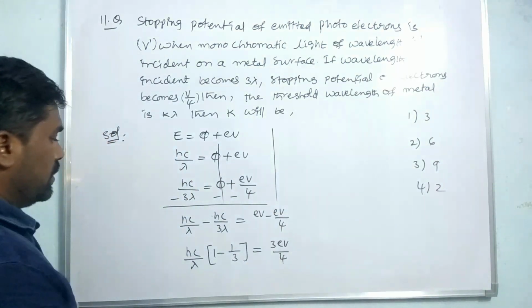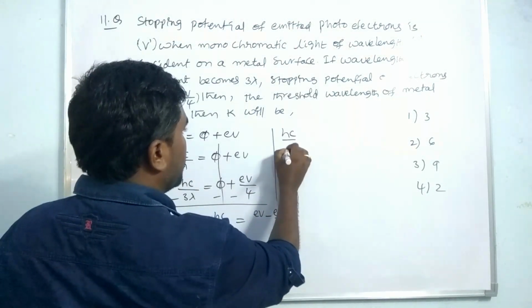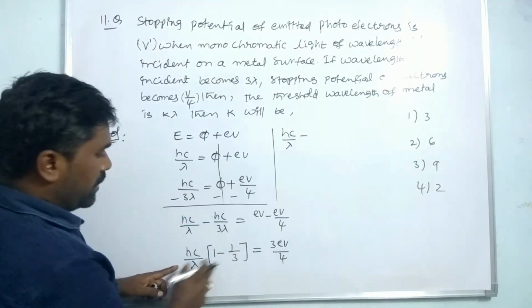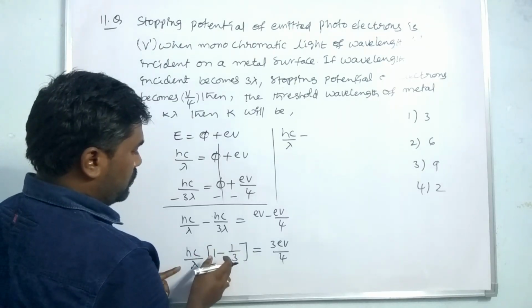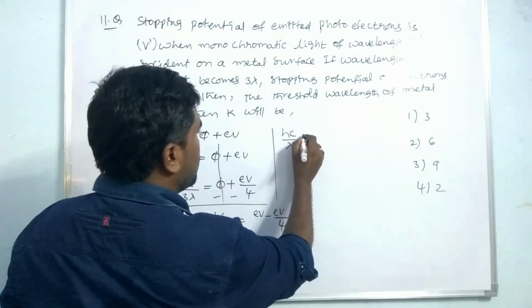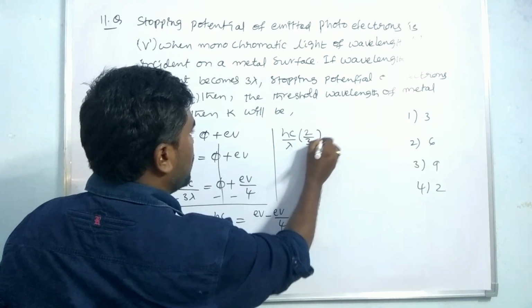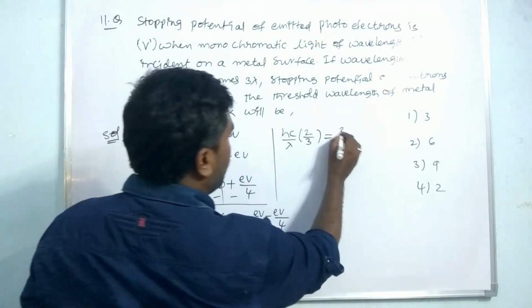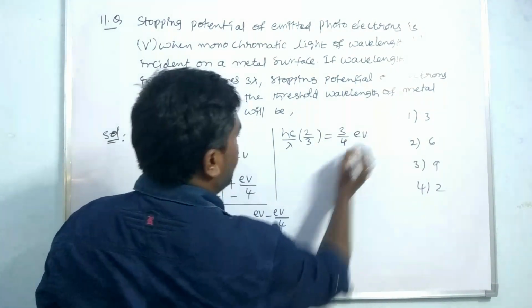Let us write hc by lambda as common, and we write 1 minus 1 by 3, equal to 4 eV minus eV, which is 3 eV by 4. So hc by lambda into 3 minus 1, 2 by 3, is equal to 3 by 4 of eV.